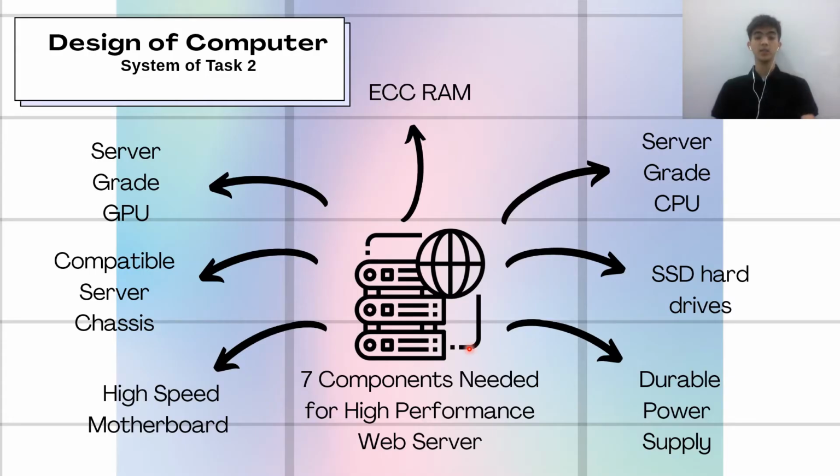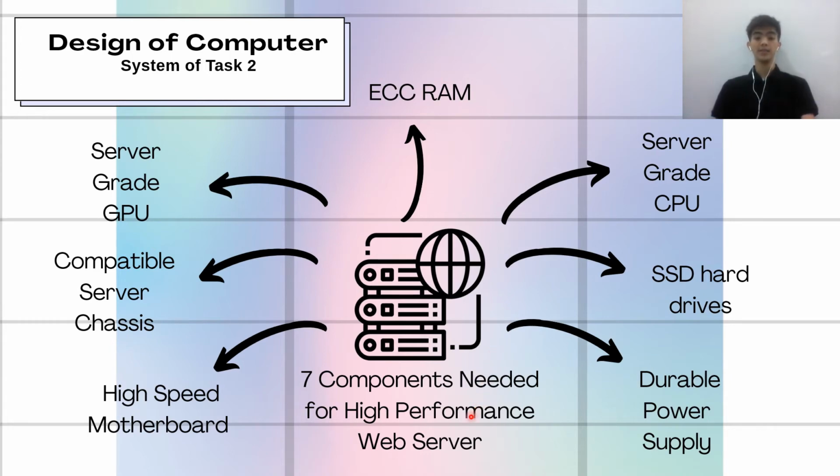For the second task, we were assigned to propose a high-performance web server which allows thousands of users to surf YouTube 24/7 and 365 days without failure. For example, to make sure that the server works efficiently throughout Sarawak, the main server will be located in Kuching and the sub-servers will be located in various districts such as Miri, Sibu, and Bintulu.